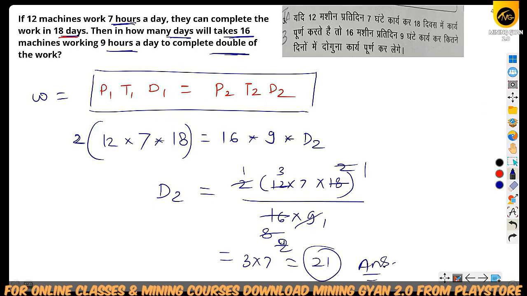So basically 21 days will take 16 machines working 9 hours per day to complete double of the work.